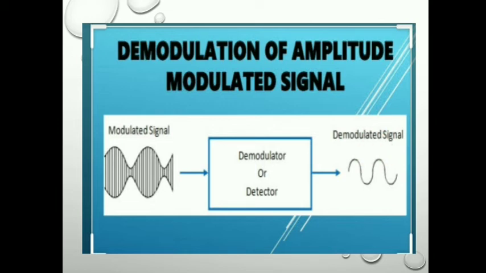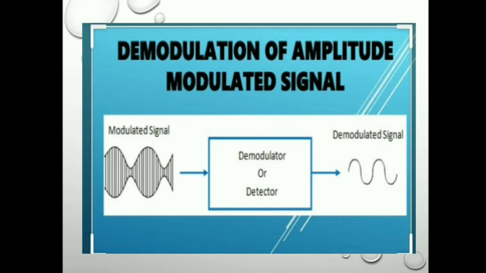Okay, so demodulation. During the transmission process, modulation takes place. Okay, during the receiving process, demodulation takes place. That's why here we explain the modulated signal fed into the demodulator or detector, it gives the output, that is the demodulated signal.